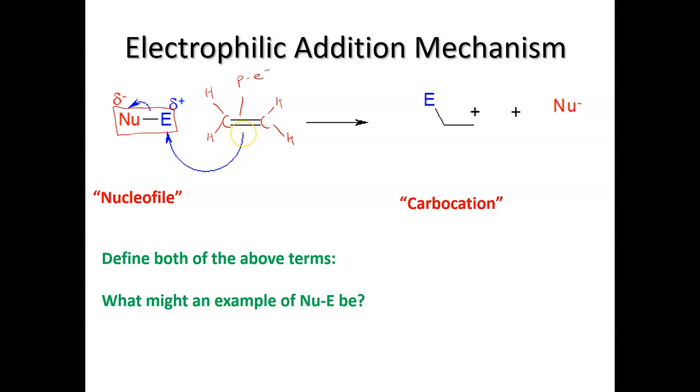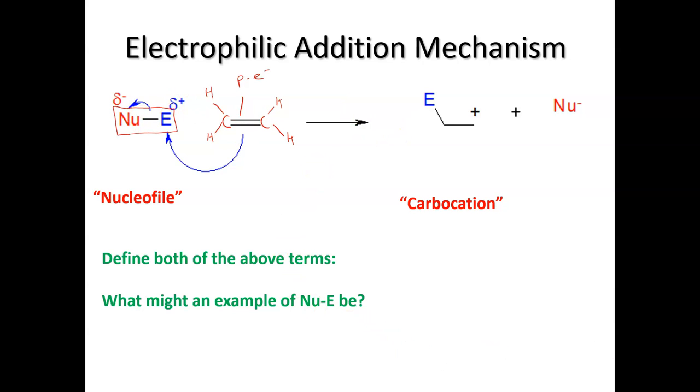So it's a little counterintuitive for some people starting to look at these kinds of mechanisms, but I just wanted to show you that this then forms this carbocation. So it's a positively charged carbon because this carbon lost the electrons in that bond to the electrophile. So now we have a positively charged carbon, which is called a carbocation, plus our negatively charged nucleophile.